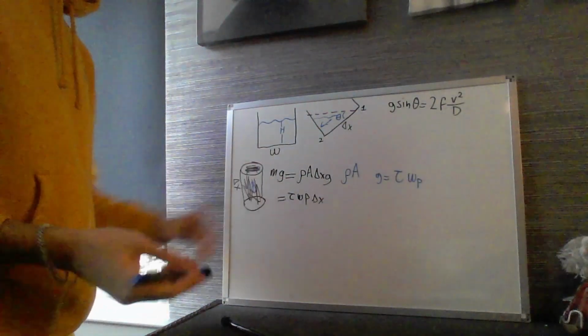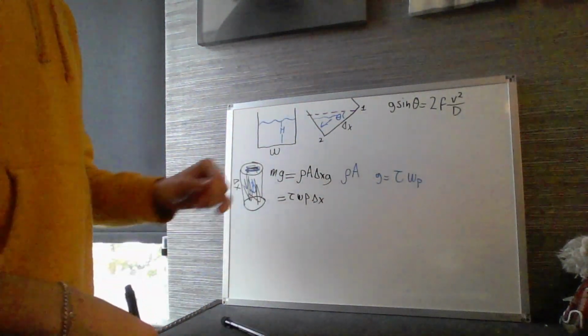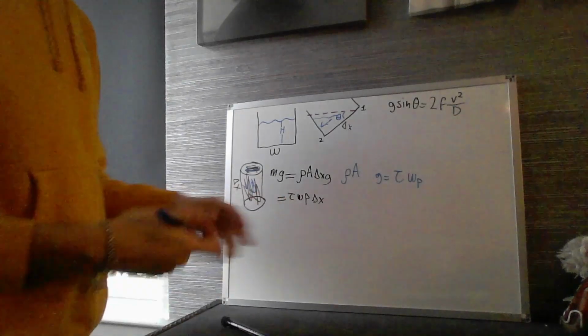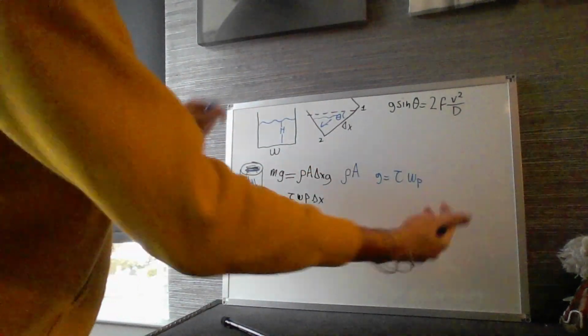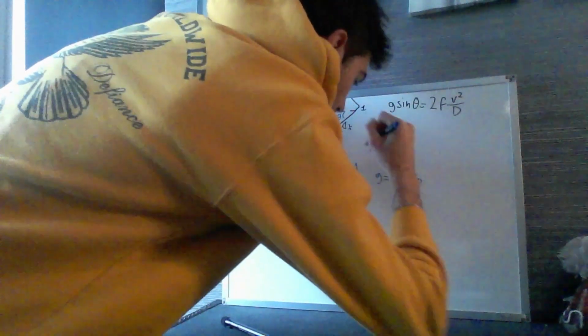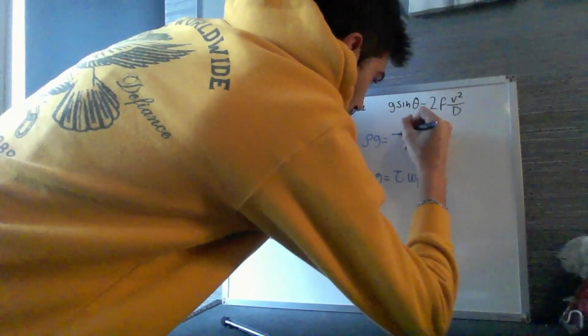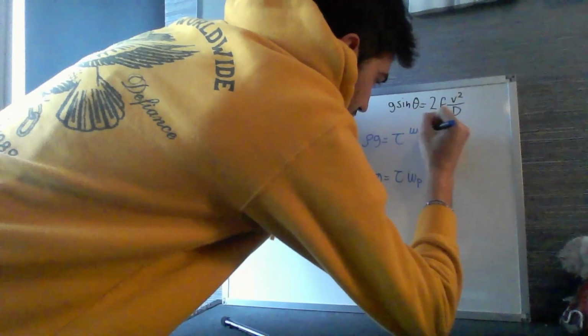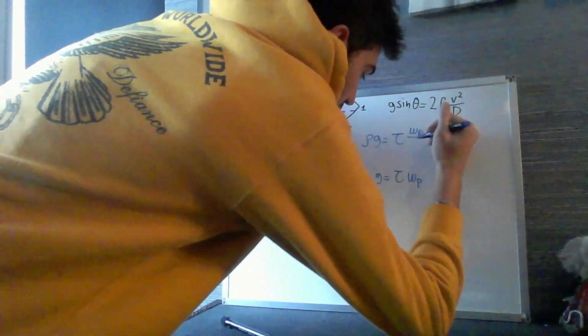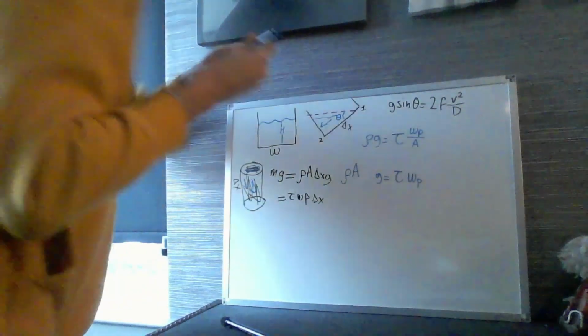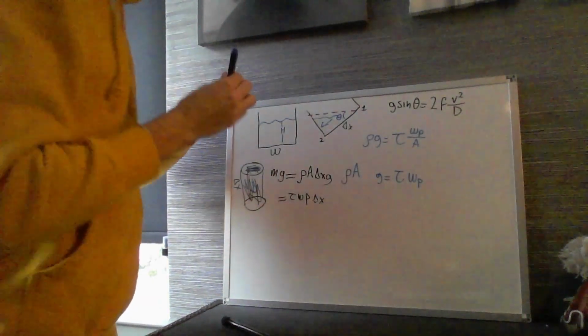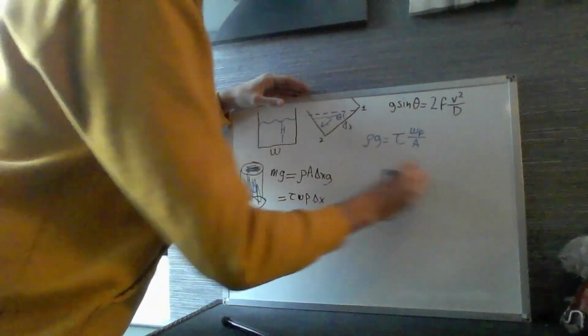And then we can get this in different terms, I'm going to start off with just rho g by moving this A to the other side. So we end up with rho g is equal to shear stress multiplied by the wetted perimeter divided by area. And this is where things get kind of interesting.